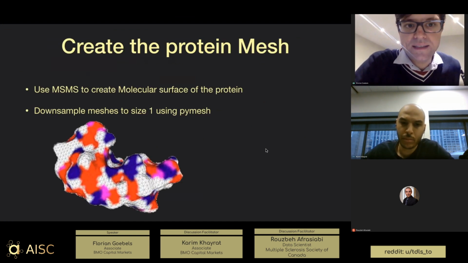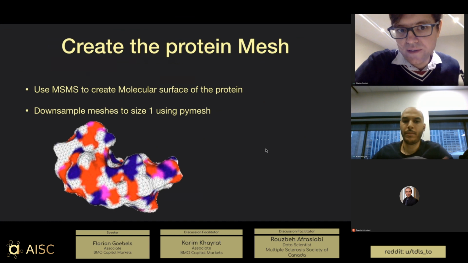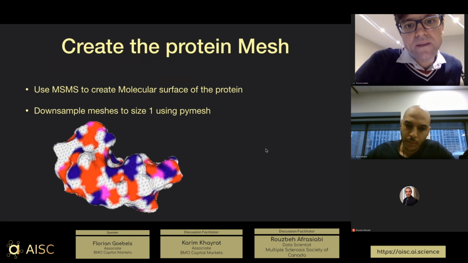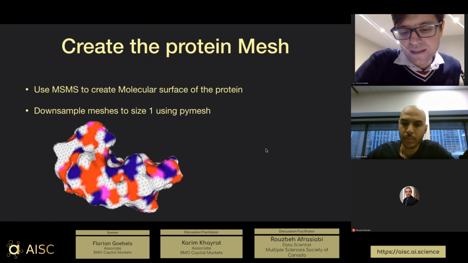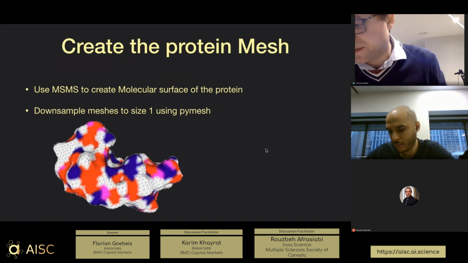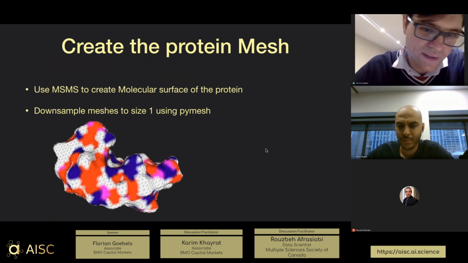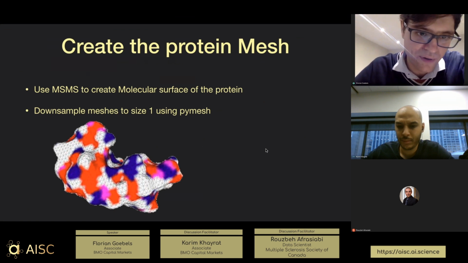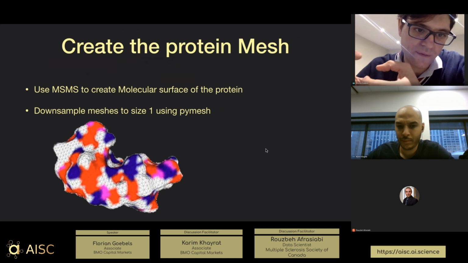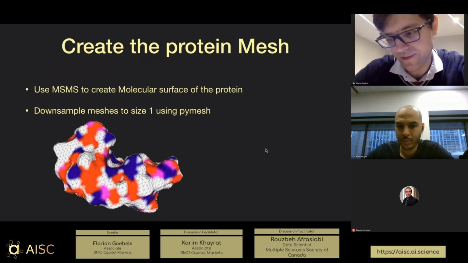What they did is use special software to create the molecular surface of the protein, and then, to keep it consistent and of uniform size, they downsample the mesh size to 1. Think about the protein in the lower corner, and they put a node vertex lattice on top of the surface of the protein.